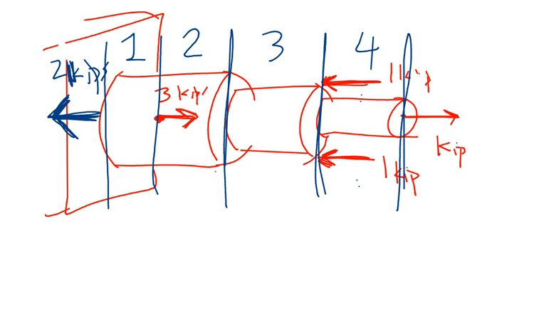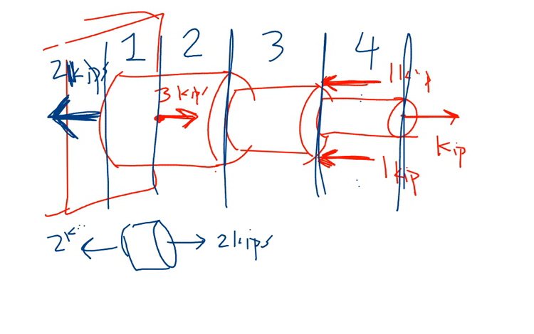All right. And now I'm going to start making cuts in the middle of each one of my segments. So for the first segment, I have this. I make a cut in between. I've got 2 kips. That means I need 2 kips going towards the right. Okay?